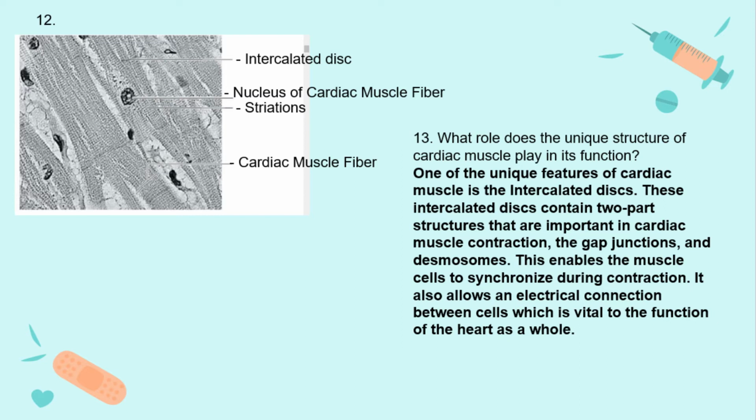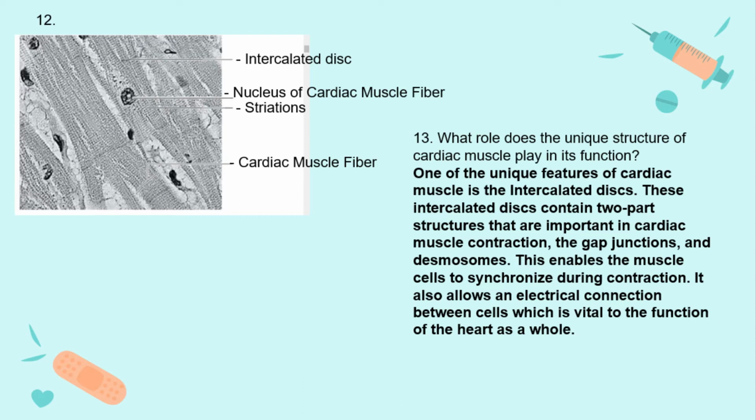For the last item of the anatomy of the heart, number 13, the question is, what role does the unique structure of cardiac muscle play in its function? Note, before attempting a response, describe the unique anatomy. Our answer is, one of the unique features of cardiac muscle is the intercalated disc.